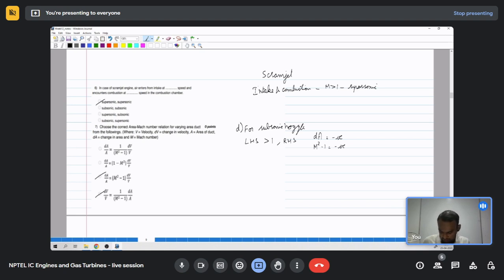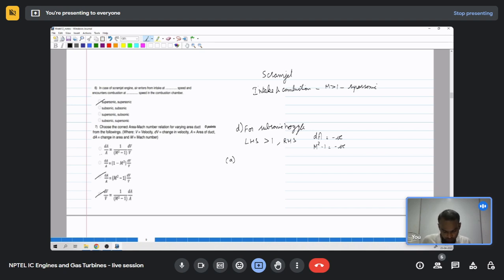Okay. We can just check option A. In most of the cases, if you just put this kind of LHS greater than 1, less than 1, you will be able to find the wrong answers. Okay.